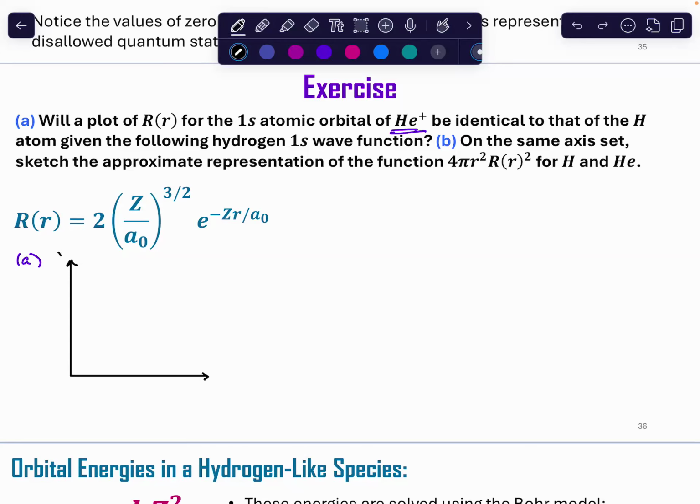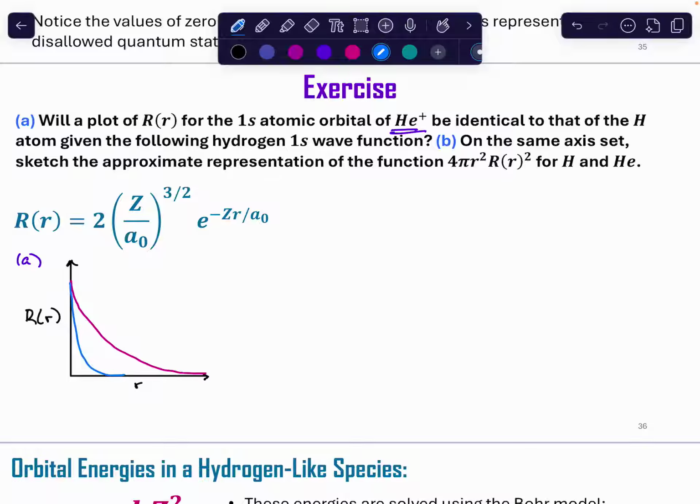Well, not instead of X and Y. We're going to do the radial part of the wave function versus the radius. And for hydrogen, what we're going to get is something very close to that, versus for helium, yeah, needs to shoot down further here.